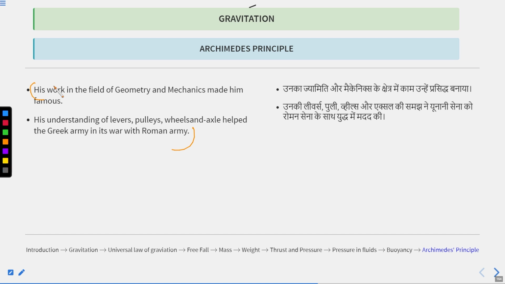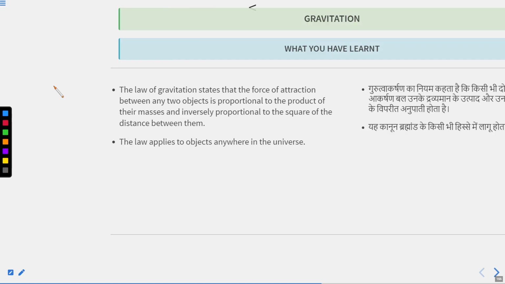Is it clear, class? So let's take a quick revision of this chapter, what you have learned.